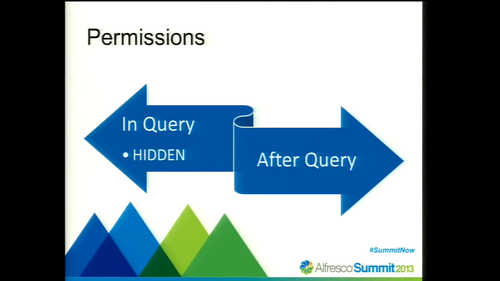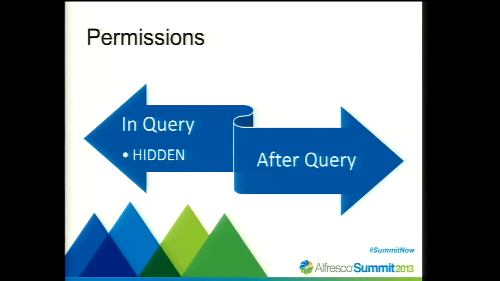So there are some other differences between the implementations. One of the major differences is how we evaluate permissions. On the SOLR side, which is always going to be pointing to the left for consistency, we execute the permissions and access controls as part of the query. SOLR is enforcing your access rights.